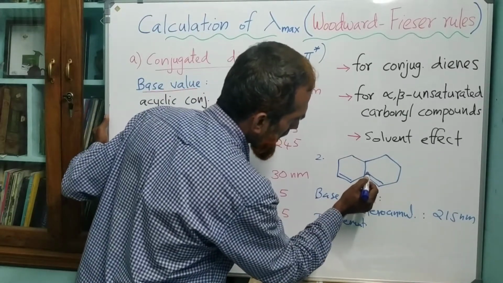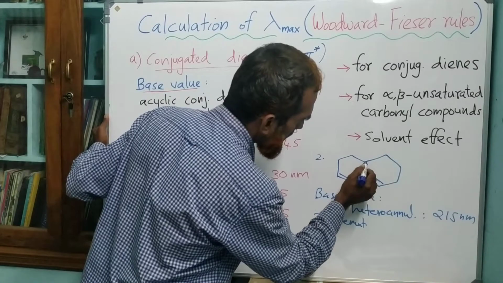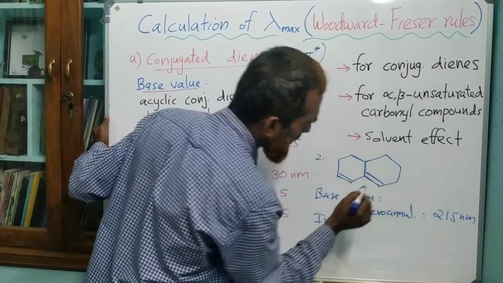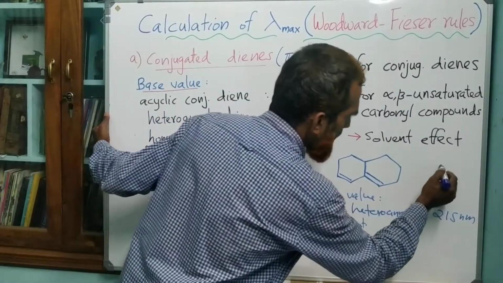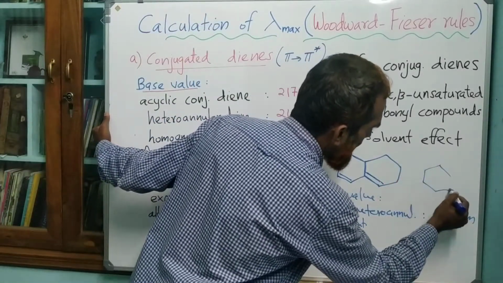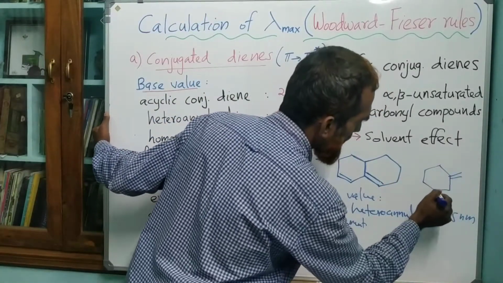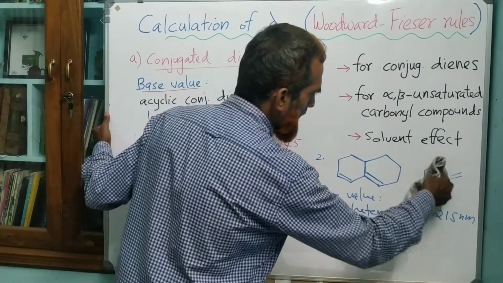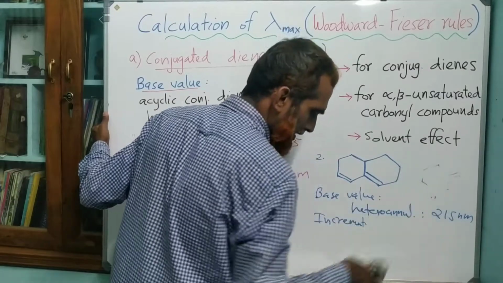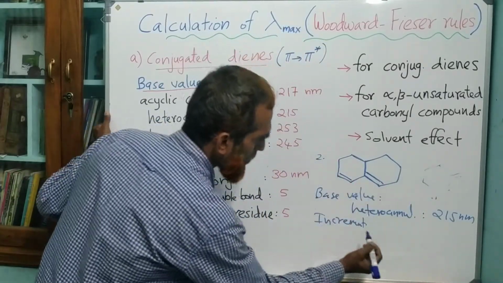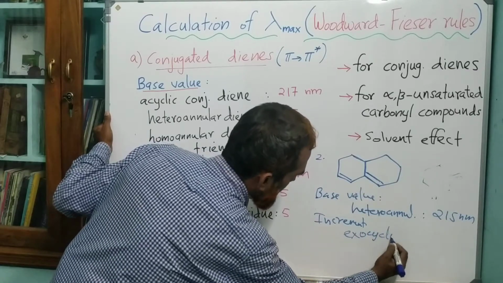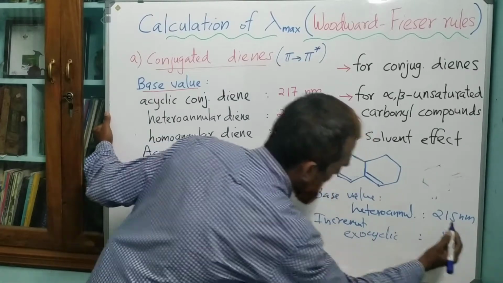You can see this double bond is to this ring, it is exocyclic. If a double bond comes like this to a ring, anywhere, it is called exocyclic. So this double bond is exocyclic to this ring, so we have to add. So exocyclic double bond gives 5 nanometer added.